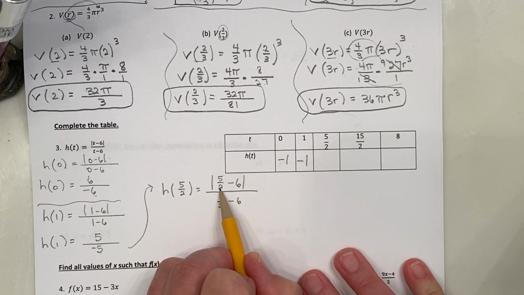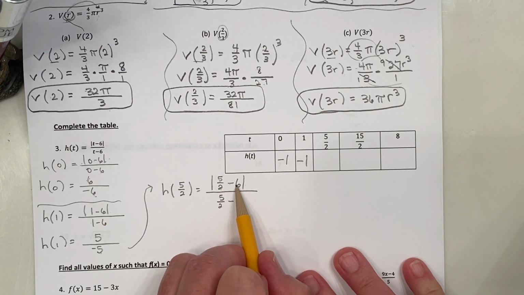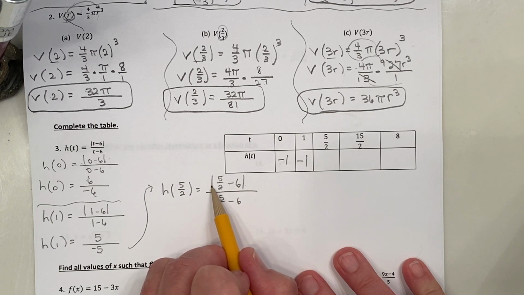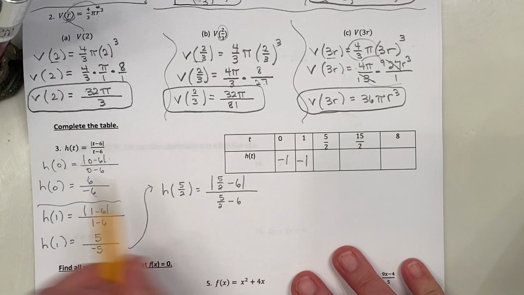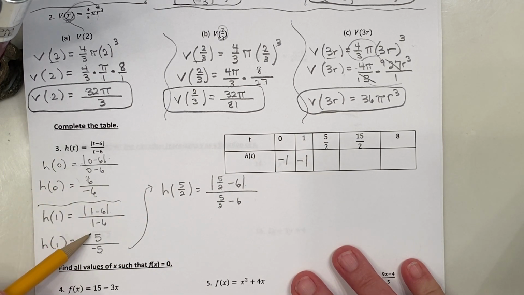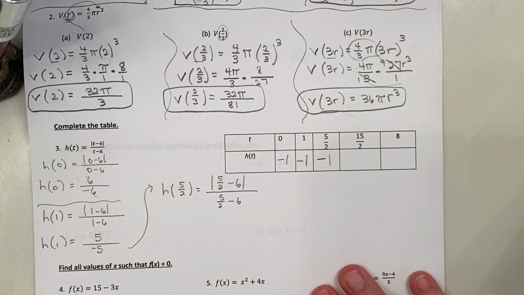Think about 5 halves as being 2.5. When you take 2.5 and you subtract 6, you're going to get a negative number, but then you turn around and make it positive because of the absolute value. But in the denominator, this is going to stay negative. So we're really back to these previous two situations where you're going to have a positive number divided by its opposite, so this value should be negative 1.